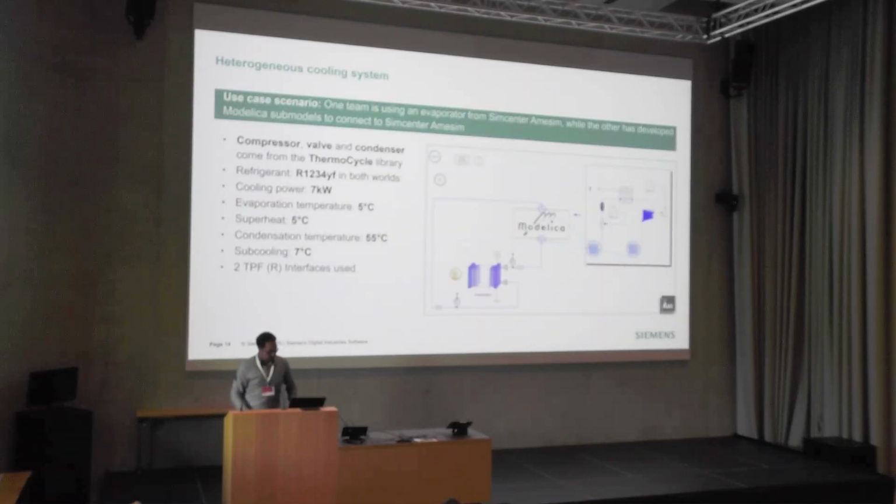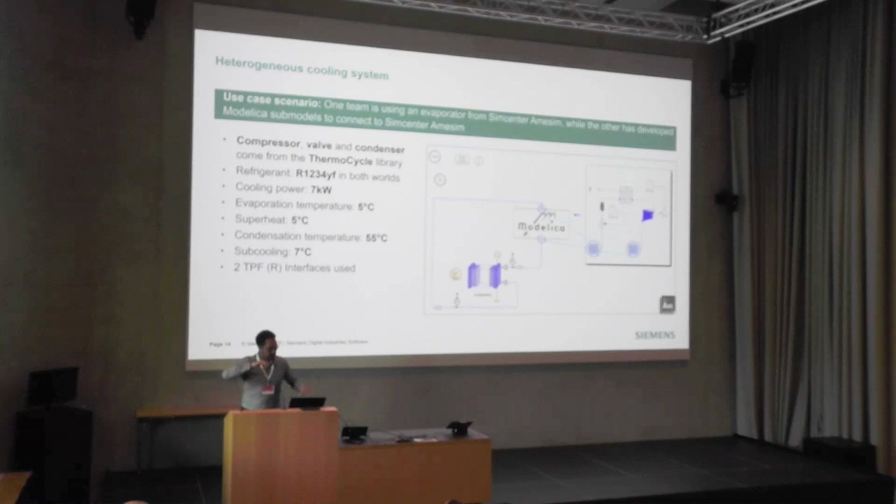So now for the validation and for showing the results we get thanks to these different studies, we have this use case scenario where we have an evaporator from Simcenter Amesim, and the other components have been developed or used from the Modelica thermocycle library.